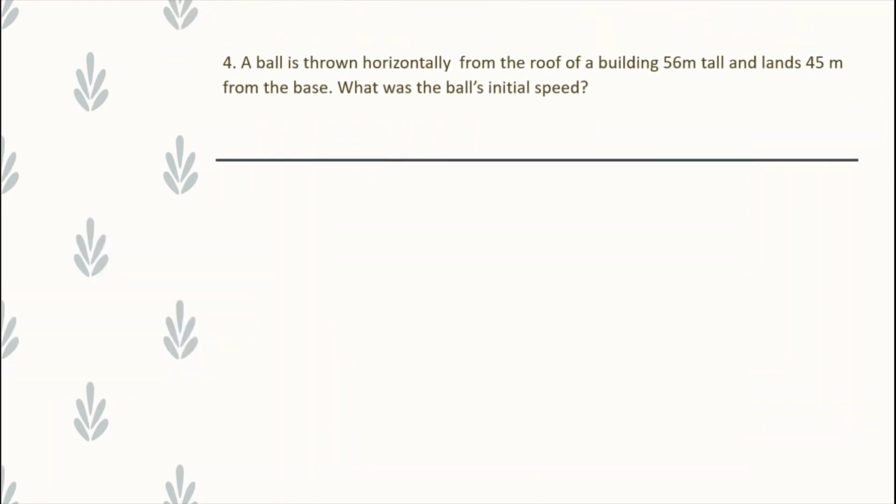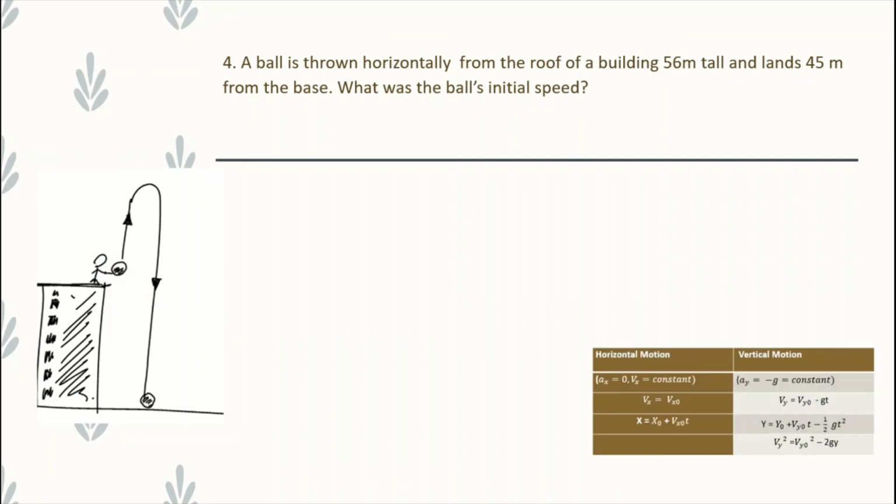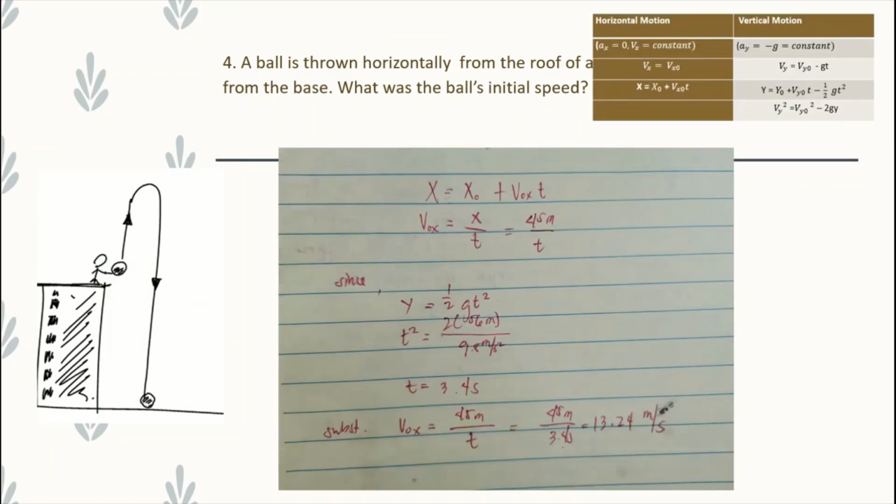And last example, a ball is thrown horizontally from the roof of a building 56 meters tall and lands 45 meters from the base. What was the ball's initial speed? Here's the solution. From this equation, since the initial terms are zero, we have to solve for v, or the velocity.